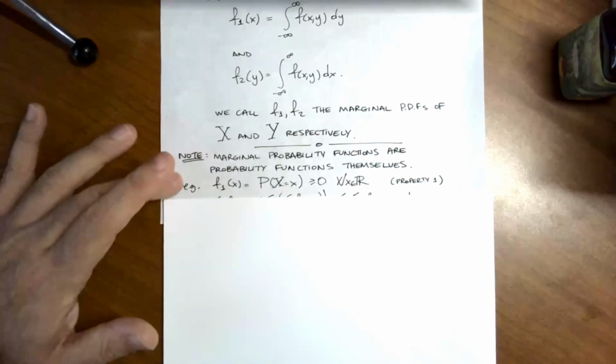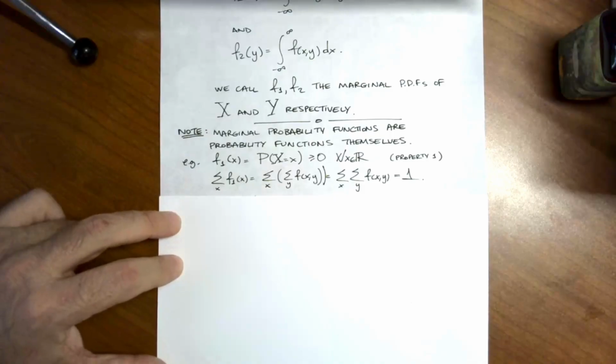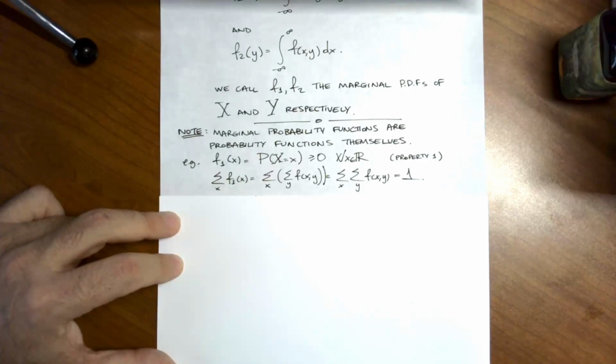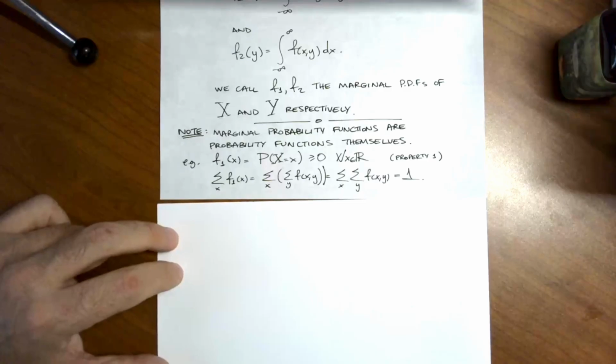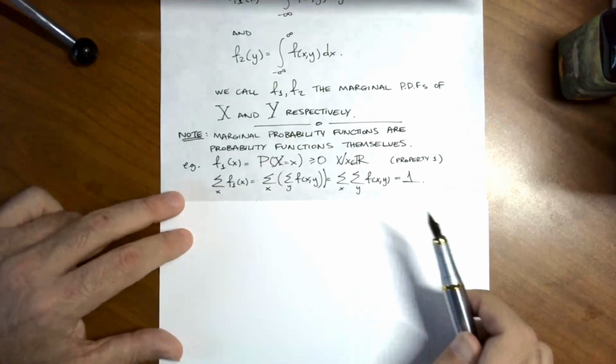Note here that these marginal probability functions follow the standard rules, or the standard properties, of probability functions. So we expect them to be non-negative, that's property 1, and we expect them to sum up to the value of 1.